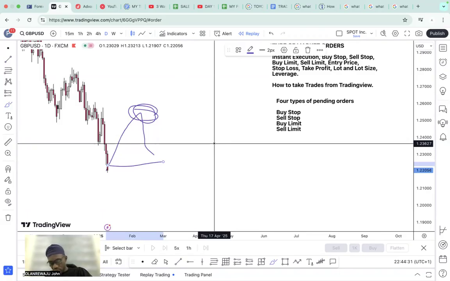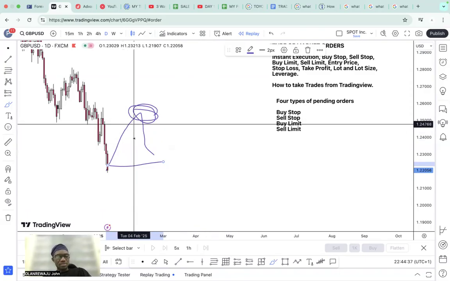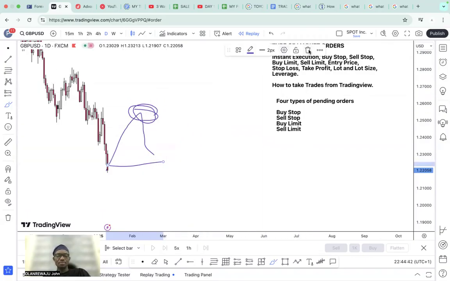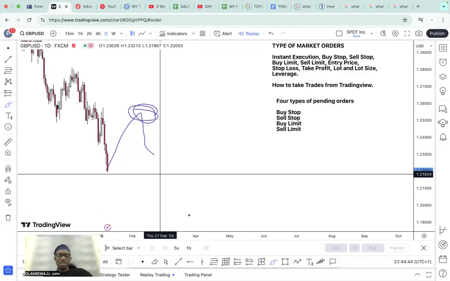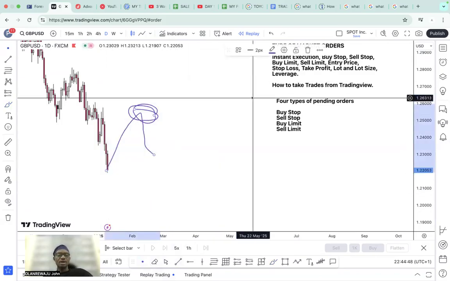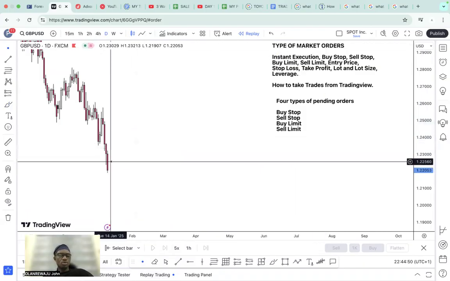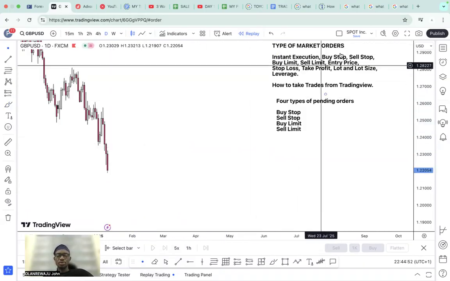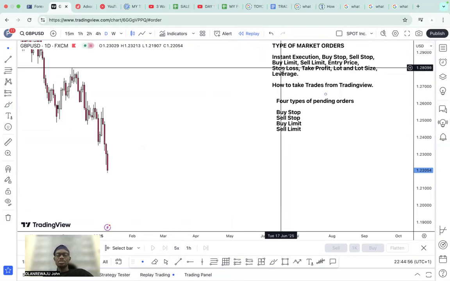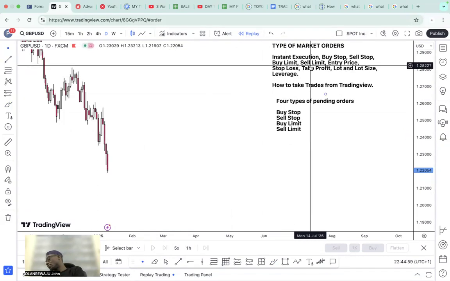When the market gets to where your trade is and triggers you, and it's going in your favor, if the market gets to your TP, it closes your profits for you, even when you are not there. And if the market is not actually ready to buy or sell, whichever one you chose, it can go and hit your stop loss, and your account is preserved that way. So that's stop loss, and that's take profit.